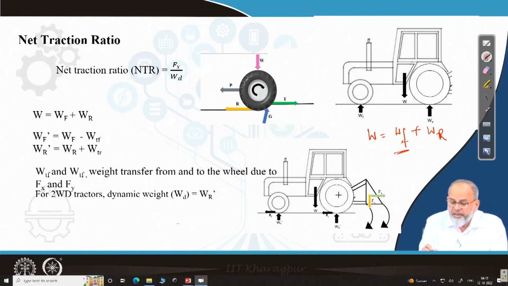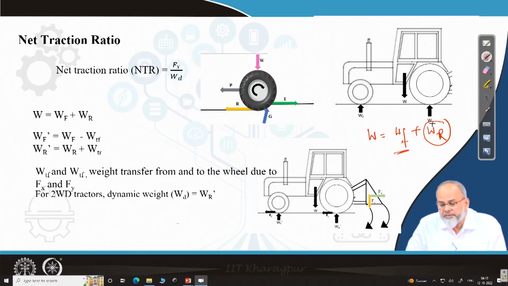So, that means in a static condition, when there is no implement attached, the weight coming in the rear axle is WR. In the dynamic condition, the WR doesn't remain as WR. Some additional weight is coming from the front wheel side, coming from the implement side.